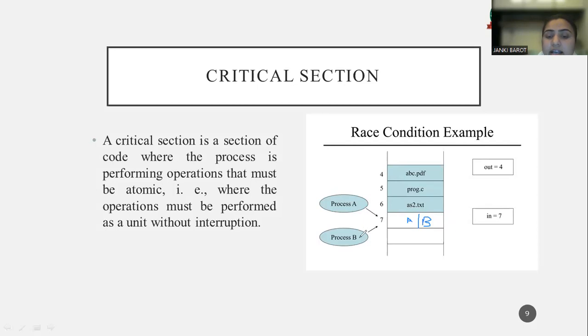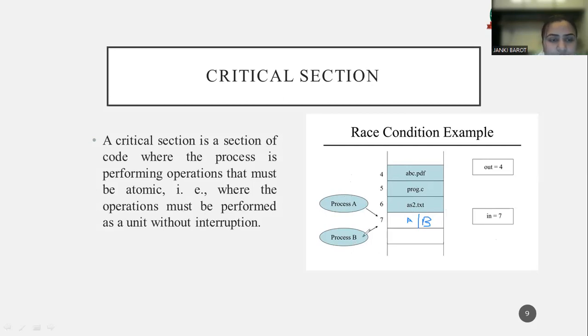Like this, if A comes first and B comes later, then A's data will be overwritten by B. Same if B comes first and A comes later, and the same segment, same resource is occupied by two processes, then the last arrived or last occupied process will be executed.